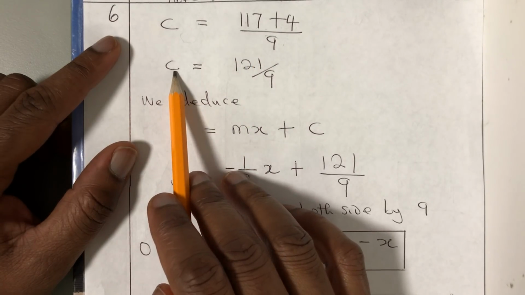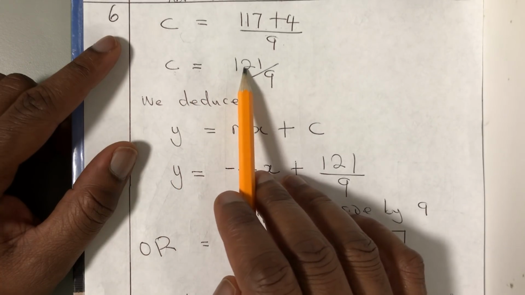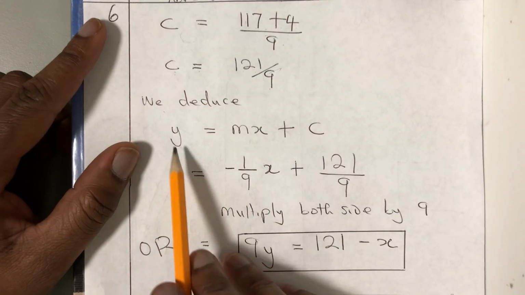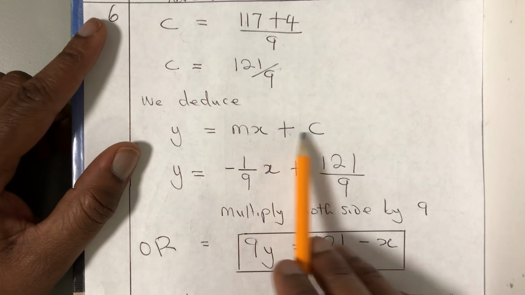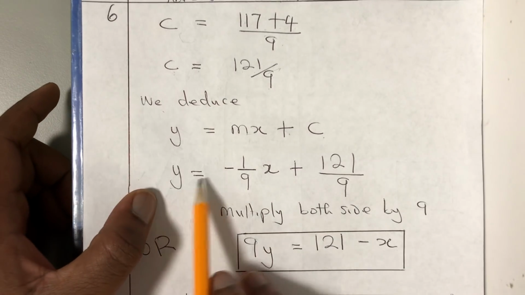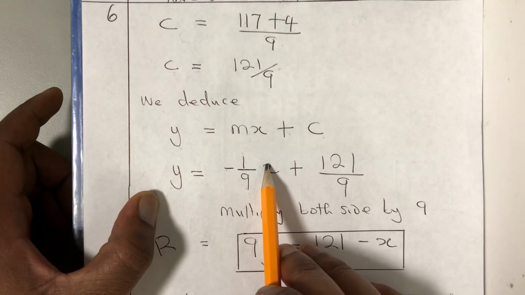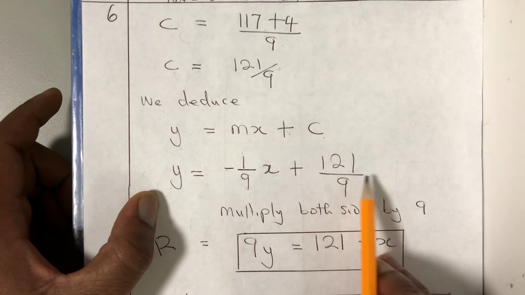Then when C, which is constant, equals 121 over 9, we deduce that y equals mx plus c, when y equals minus x over 9 plus 121 over 9.